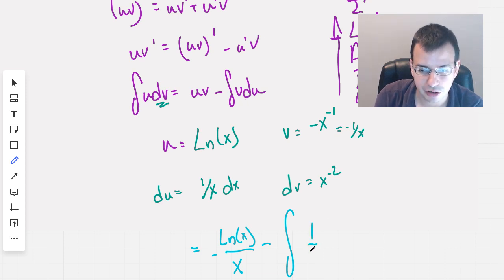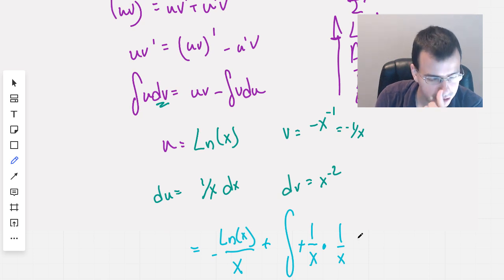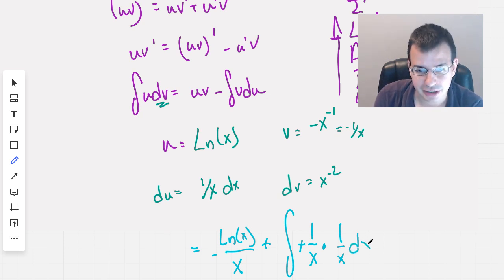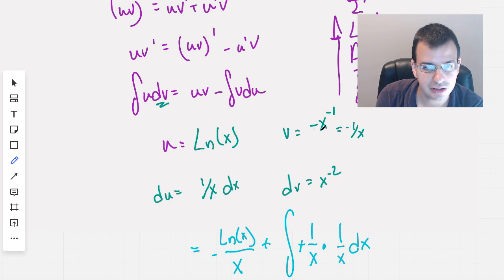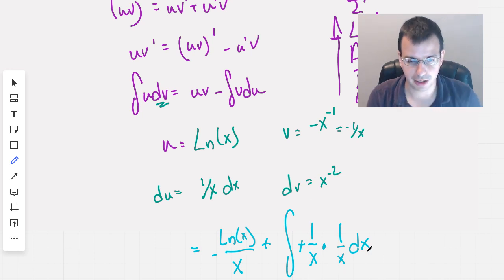So negative 1 over x times 1 over x dx. Are we good with that? It seems reasonable.